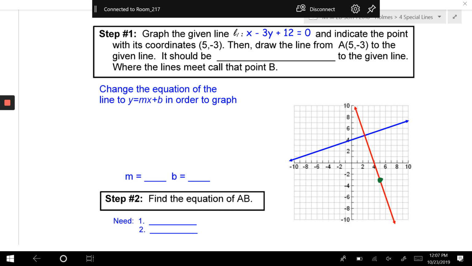And in order to graph the individual line L1, it's often easier just to put it in the form y = mx + b, because that allows you to find where it crosses the y-axis, and then just to add a second point using the slope.